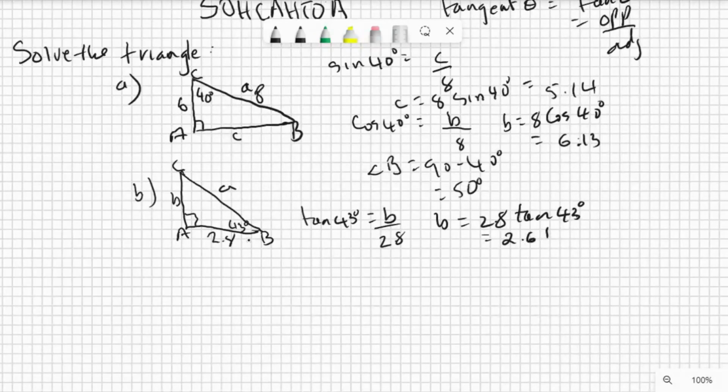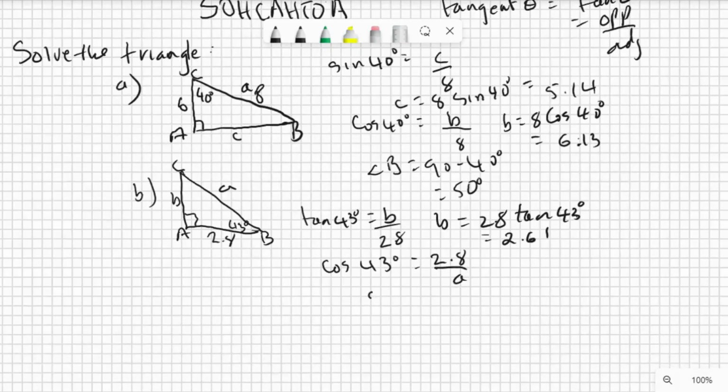So now, let's see now a. We are given this side, which is adjacent to 43. a is the hypotenuse. So 43, adjacent and the hypotenuse is cosine. So cosine of 43 degrees is equal to 2.8 over a.